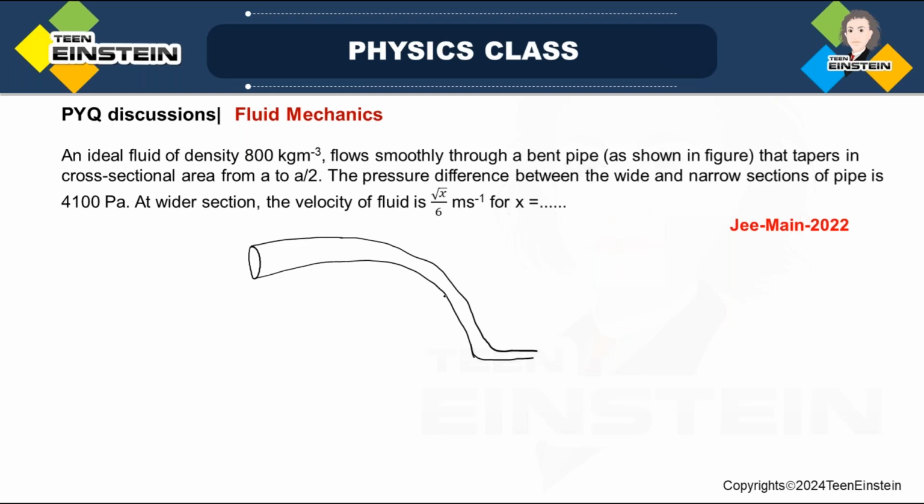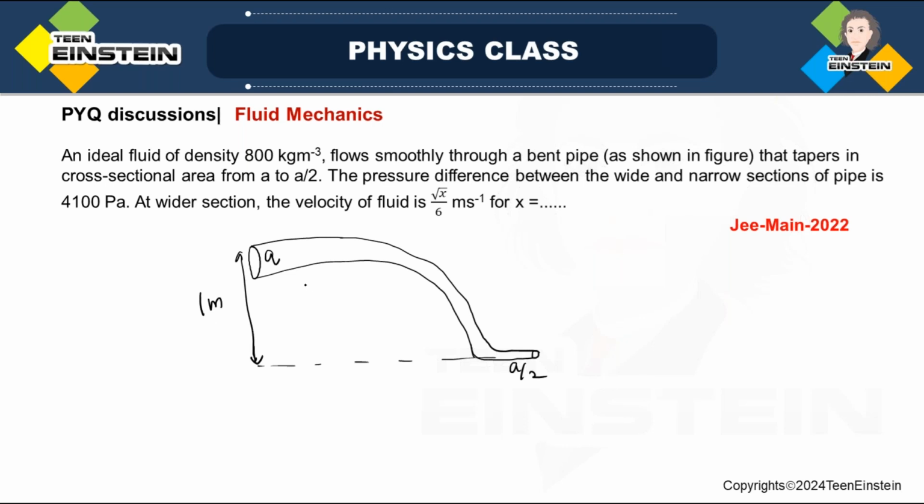Kind of this. Okay, so this is the bent pipe. Look, the cross-sectional area over here is A and this is A by 2. And see the height from here, it is given as 1 meter. Okay, so this is 1 meter height.